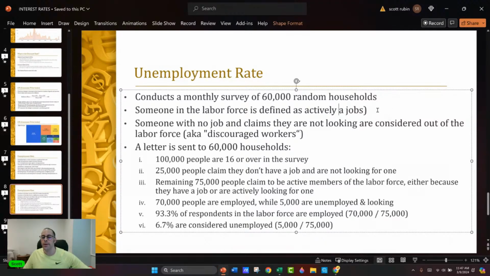And that's the big differentiator. And then someone with no job who claims they're not looking is out of the labor force. They're called discouraged workers.